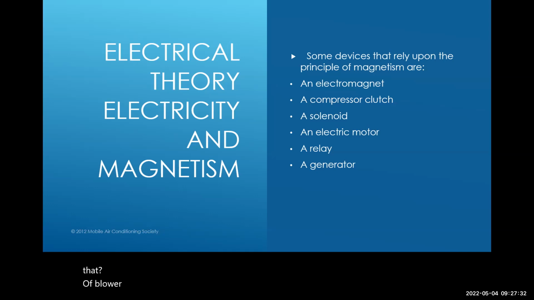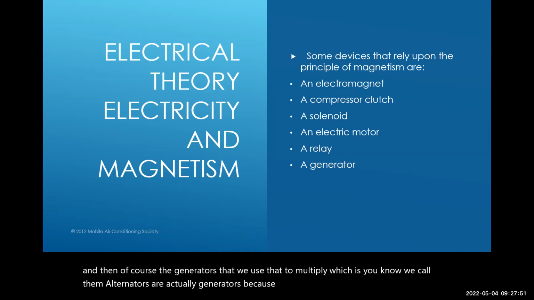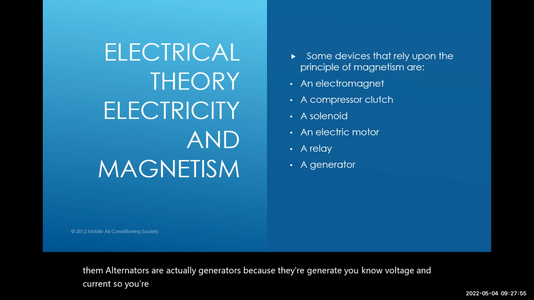How does it spin the electric motors on the wheels of electric cars? And then, of course, generators. We call them alternators, or actually generators, because they generate voltage and current. So these different devices actually use magnetism.